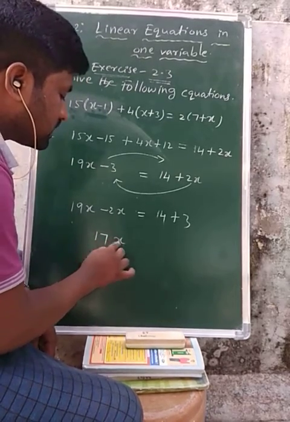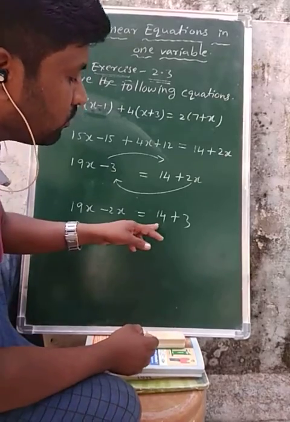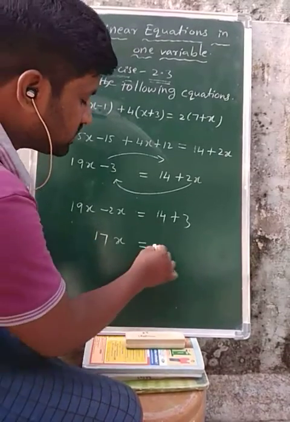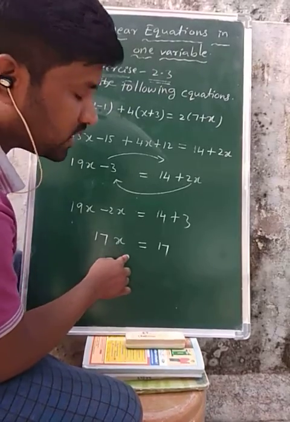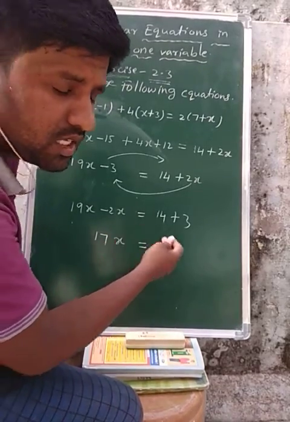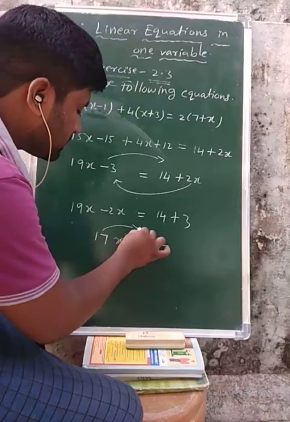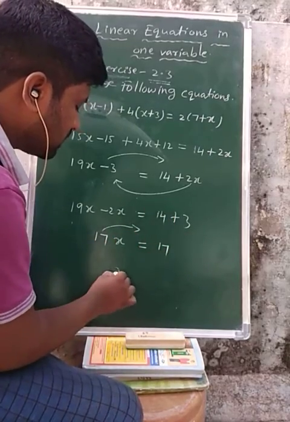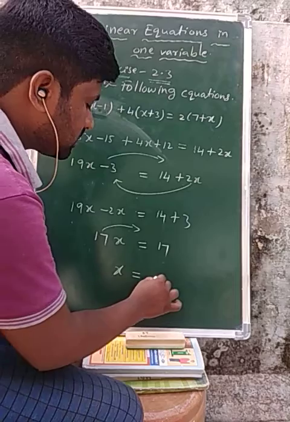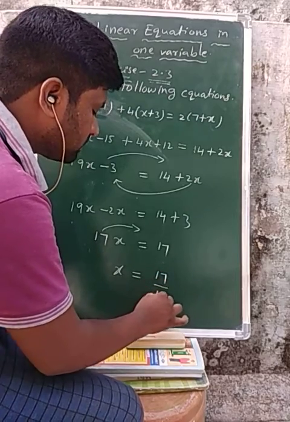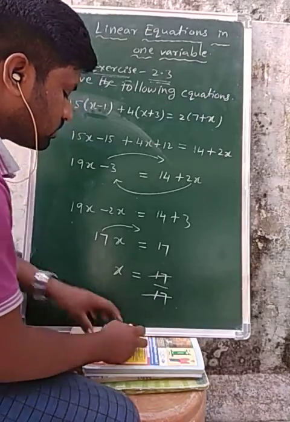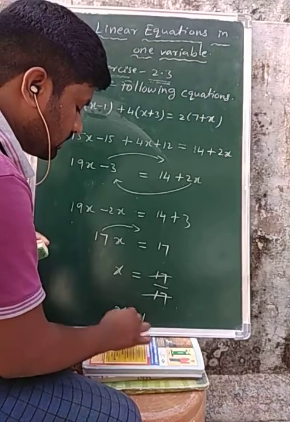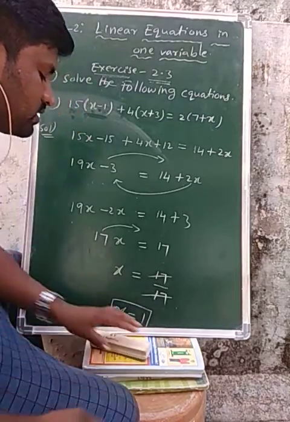So 17x is equal to 14 plus 3, that is also 17. 17x means 17 into x. So transposing 17 to the RHS, we get x is equal to 17 by 17. 17 cancels, so x is equal to 1.